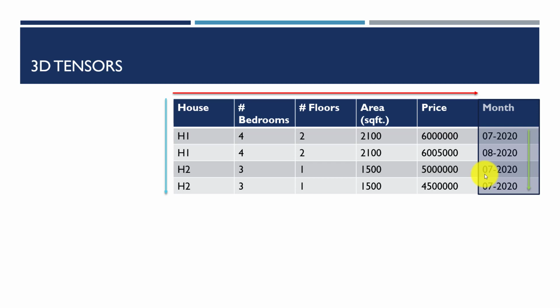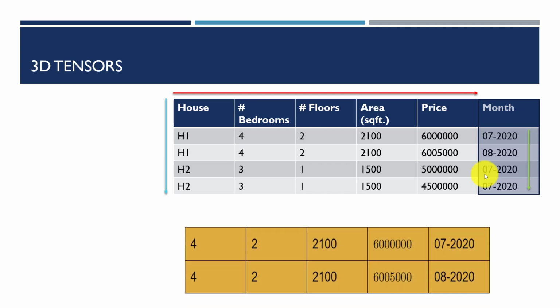Okay, so any kind of time series data in a neural network is generally represented with a 3D tensor. Now if I talk about the structure of a 3D tensor, we can see it like this. In 2D tensors we have a matrix, right?